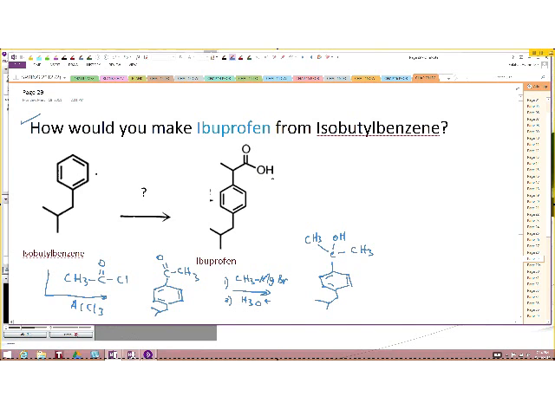Keep in mind, eventually we want to form a carboxylic acid. Dehydration, okay? You want to do dehydration. What do you want to use for dehydration? Dilute acid or phosphorus trichloride, right? You could do that, and that will give you this.